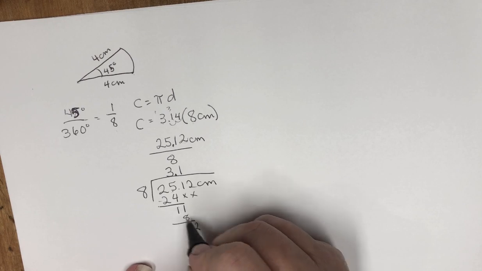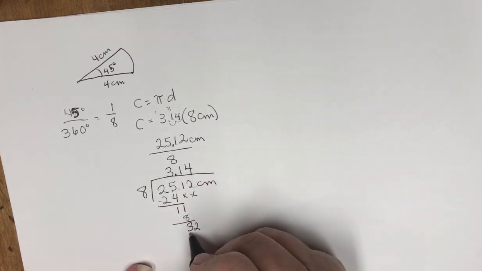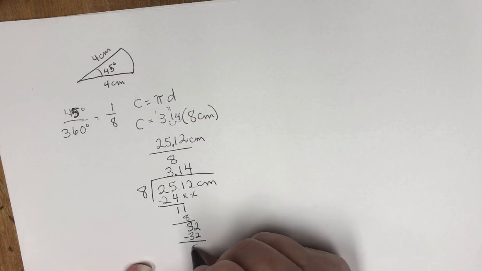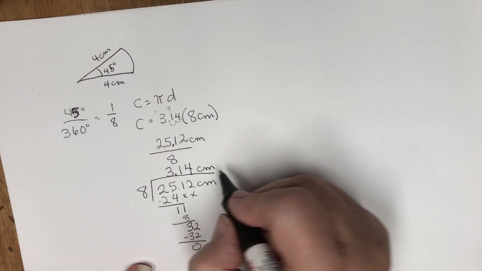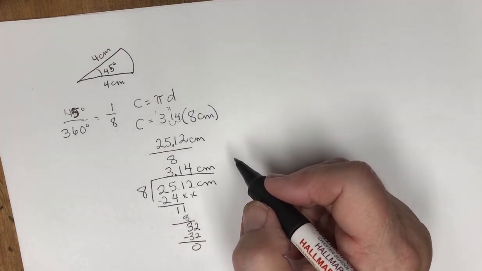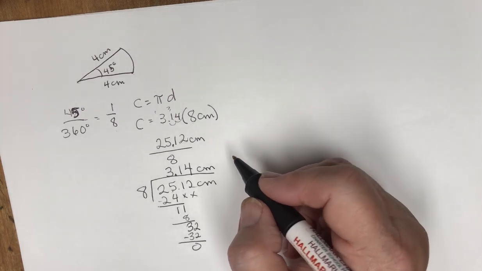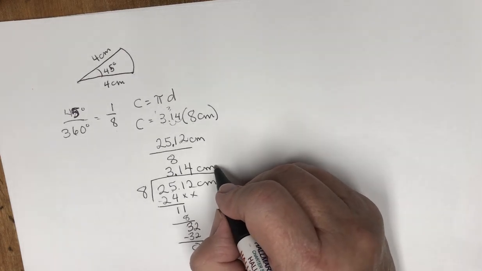Bring down my 2. 8 goes into 32 4 times. 4 times 8 is 32. And there's my answer, 3.14 centimeters. So that is how we figured it out. They want the perimeter of the figure. Okay, that's the perimeter of the arc.